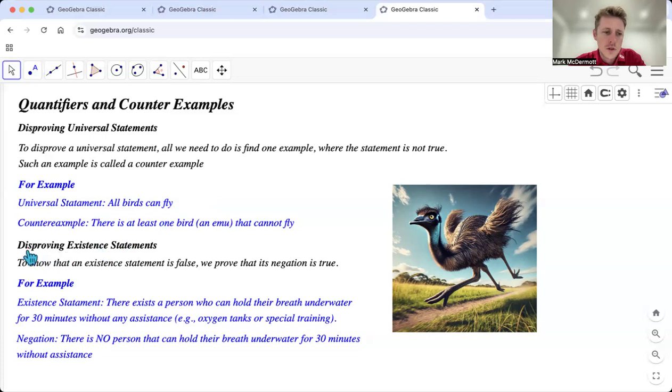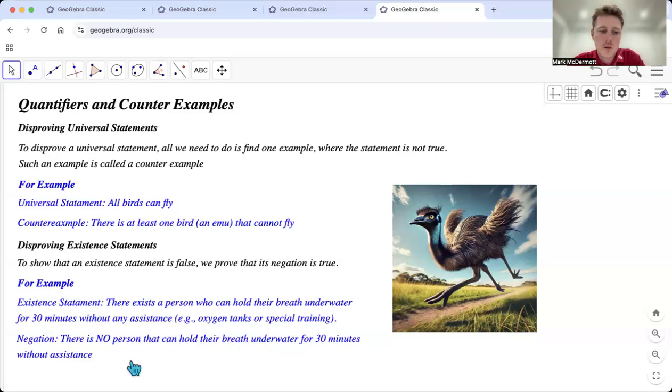Similarly, if we need to disprove an existence statement, we prove that its negation is true. If our existence statement is something like there exists a person who can hold their breath underwater for 30 minutes without any assistance, such as oxygen tanks or special training, our negation of that would be there is no person that can hold their breath underwater for 30 minutes without assistance.